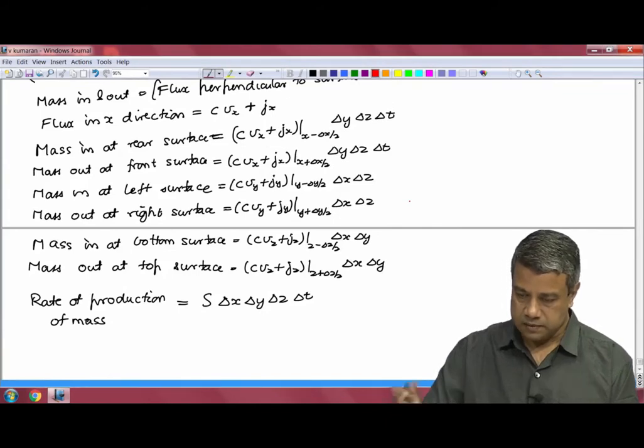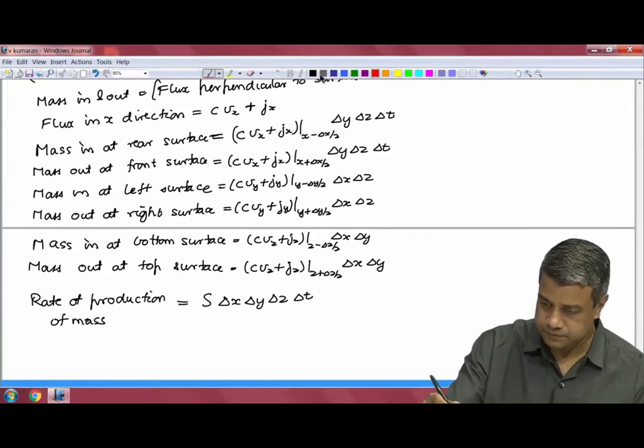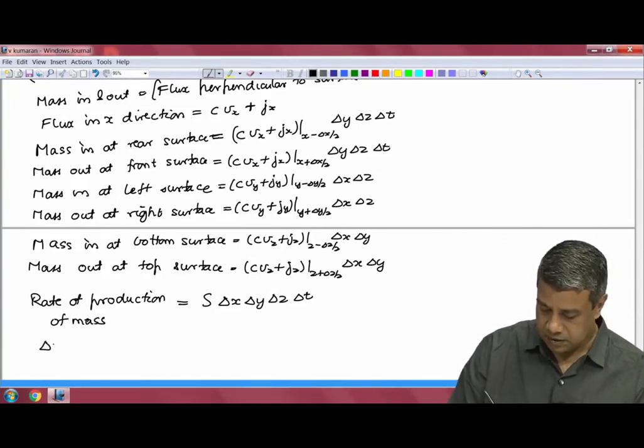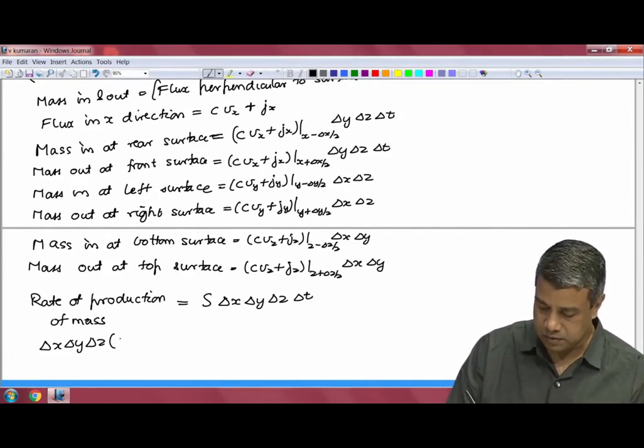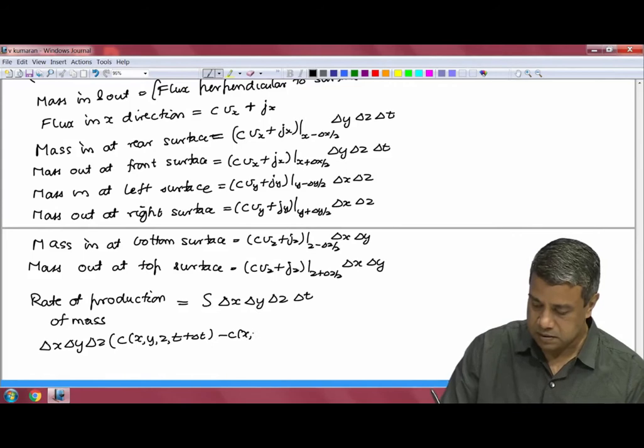Putting it all together, on the left side is the rate of change, that is delta x, delta y, delta z, that is the volume, into C at x, y, z, t plus delta t minus C at x, y, z, t.